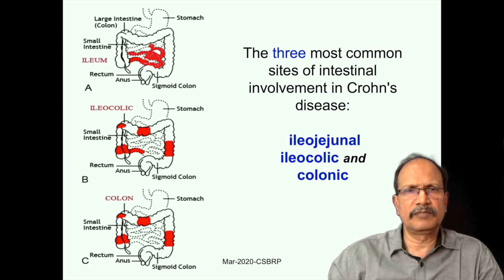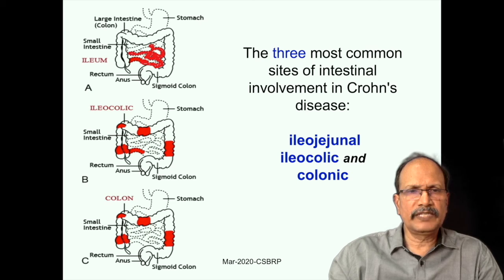If you look at the middle one, that is the ileocolic variety, because the terminal portion of the ileum is involved, the patient may suffer from megaloblastic anemia, and the large intestinal involvement brings the patient with dysentery type of manifestations.